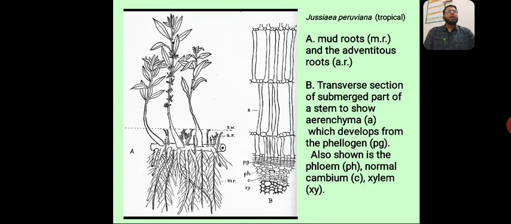The leaves may be arranged in alternate phyllotaxy or opposite or whorled. Stomata are present on the upper epidermis, which is in contact with air, and gaseous exchange takes place through these stomata, while the lower surface is in touch with water.